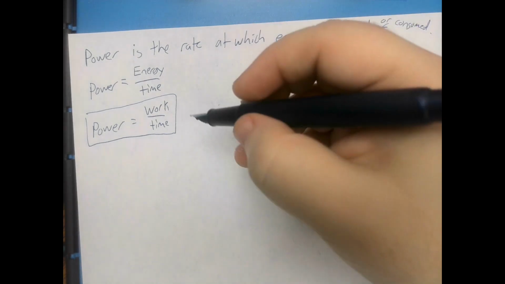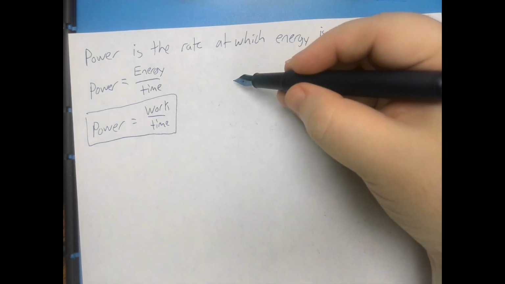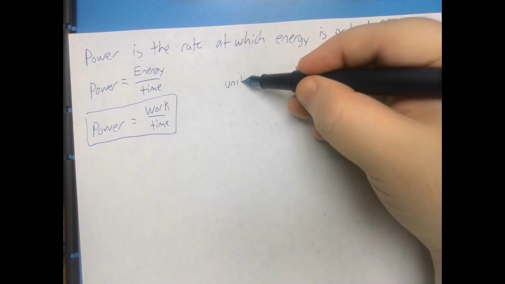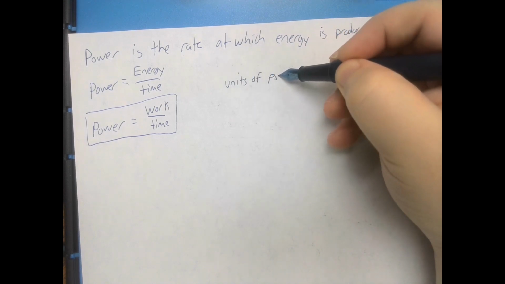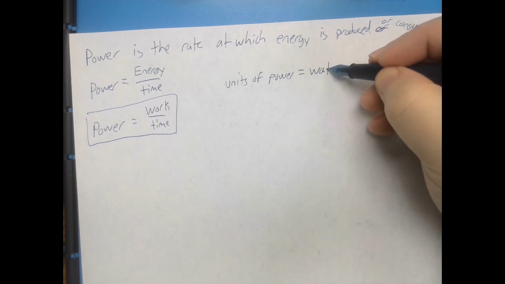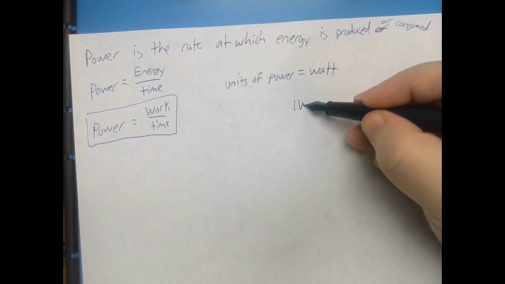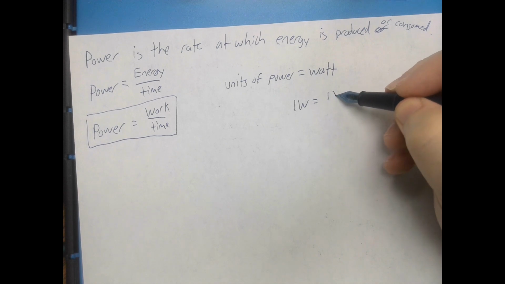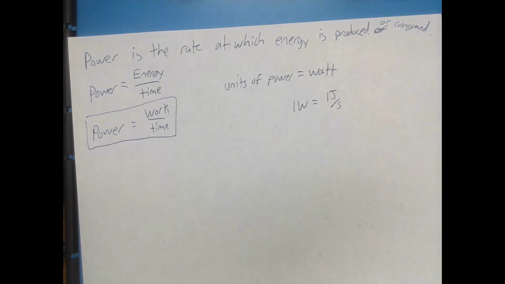What are the units of power? 1 watt is equal to 1 joule per second. Energy is in joules, time is in seconds, so this is equivalent. You've probably seen wattages before.